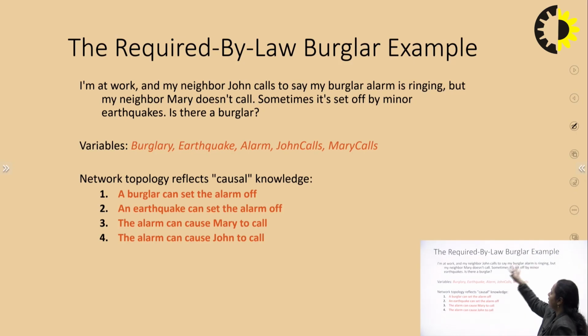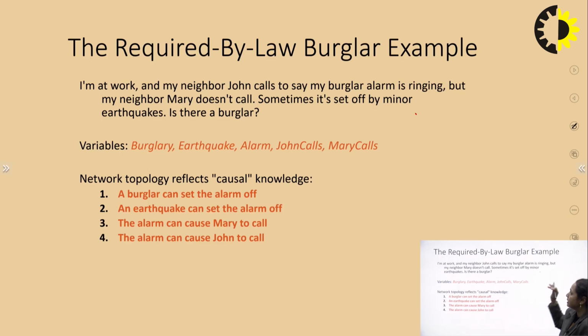So, here I am taking a burglar example. The example says that I am at work and my neighbor John calls to say my burglar alarm is ringing, but my neighbor Mary doesn't call. Sometimes the alarm is set off by minor earthquakes. Is there a burglar?